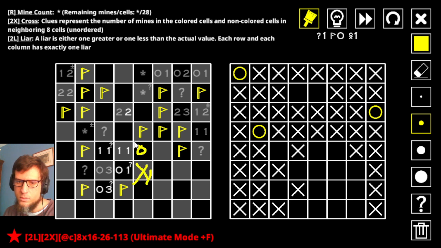What about this? That would do this. Then both of these are liars, right? But the same thing would happen to this. If this is a mine, that forces this to be a liar.